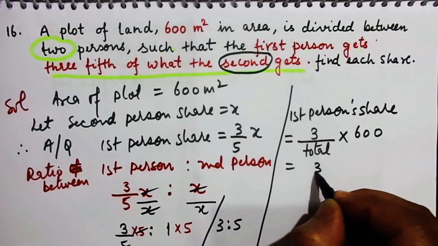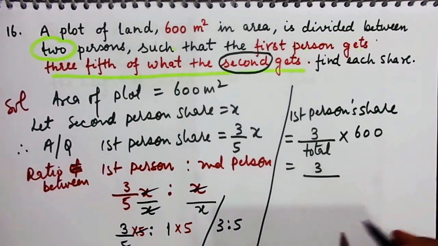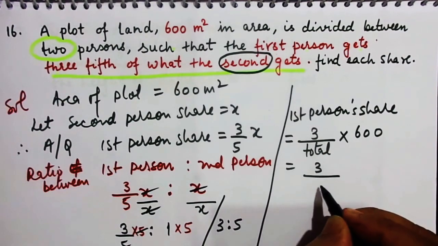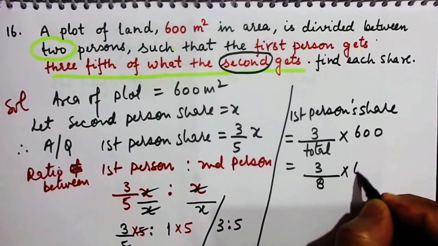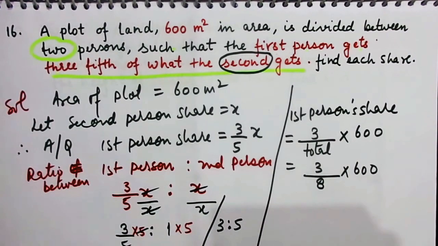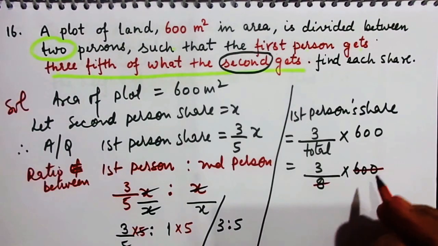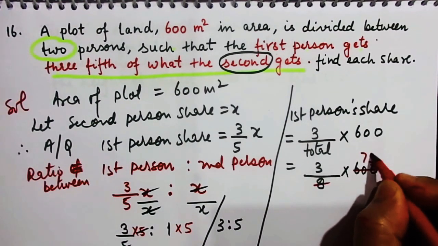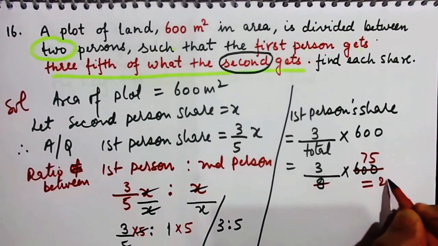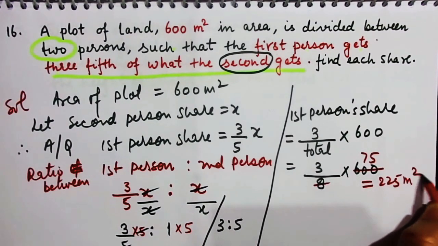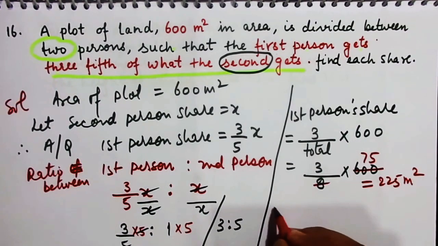That is 3 by the sum of the ratio, 3 plus 5 is equal to 8, into 600. When you cancel 600 by 8 you will get 75, and on multiplication you will get 225 meter square. Unit should be mentioned.